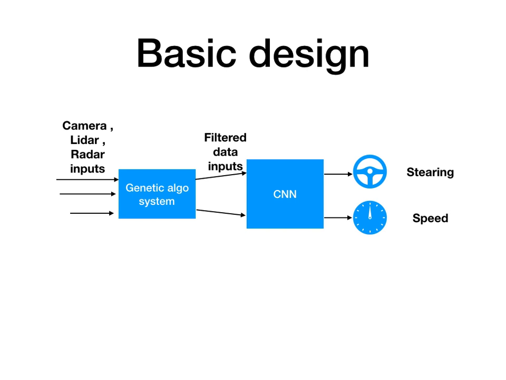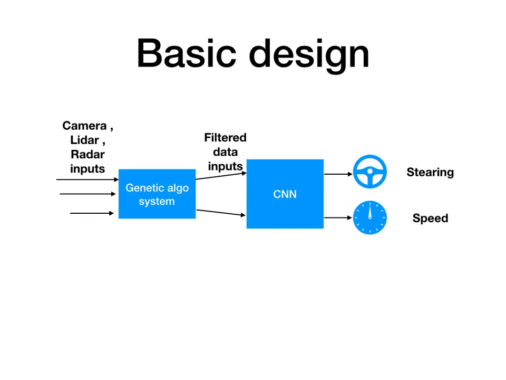So here is the basic design of the software and the basic design of this self-learning car. We have the sensors, the camera, lidar, and radar, as the inputs, which go to the genetic algorithm system.